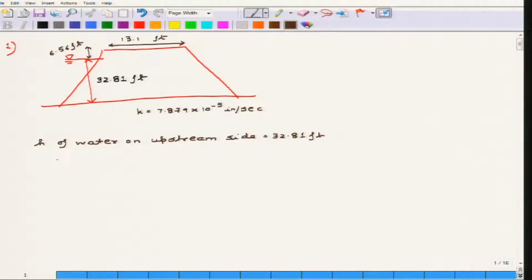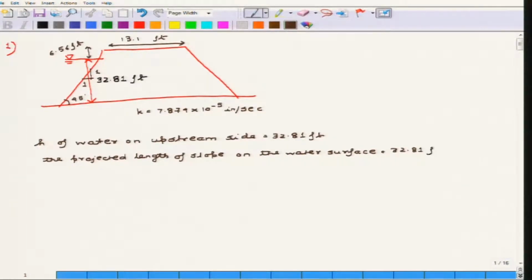And the projected length of slope on the water surface will be equivalent to the slope of this line multiplied by the height. So basically this slope is given as 1:1, that means this is 45 degree. So this will be equivalent to 32.81 feet as well.